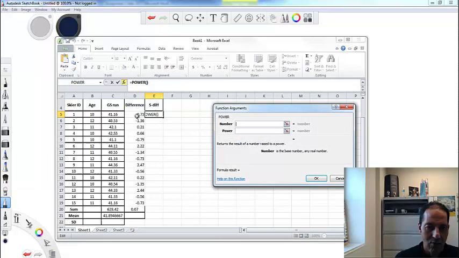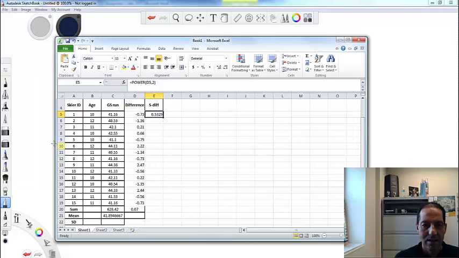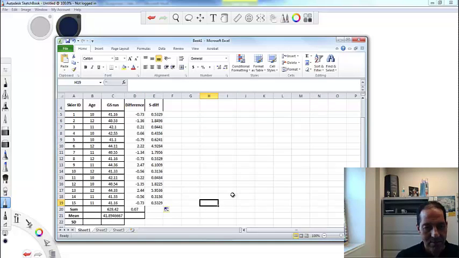The number we want power of is this one. It's located in cell D5, right? And the power we want is 2, so we're going to be squaring it, right? See, is the exponent to which the base number is raised. So we hit OK. We get that, right? If we drag this down here, we'll get the square of this value, and so on, and so on, and so on. So now we have a bunch of positive values, right?